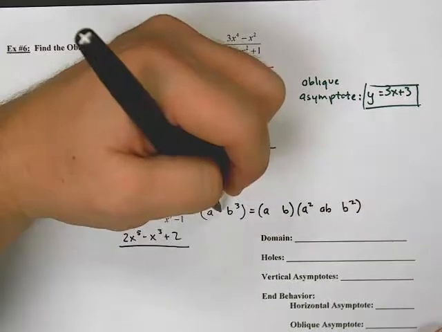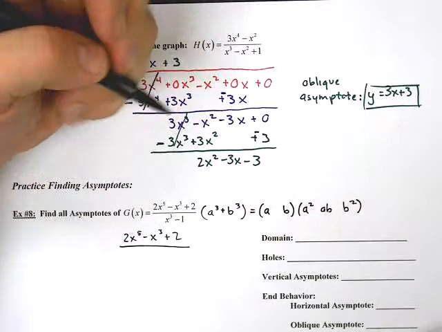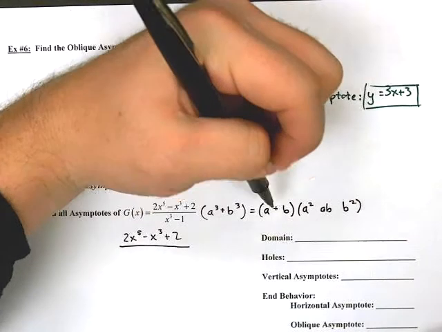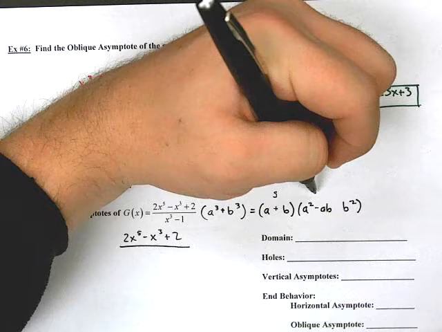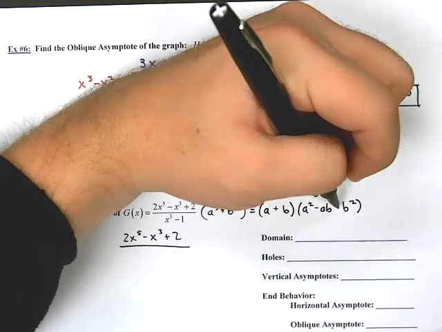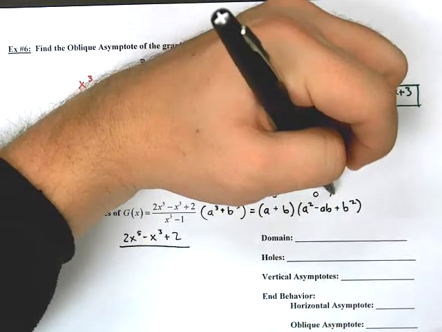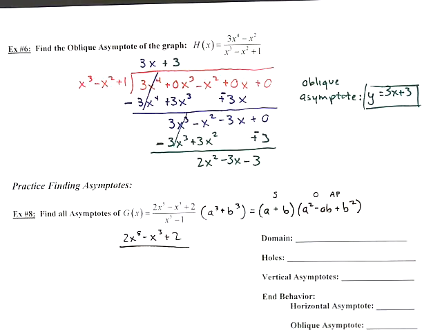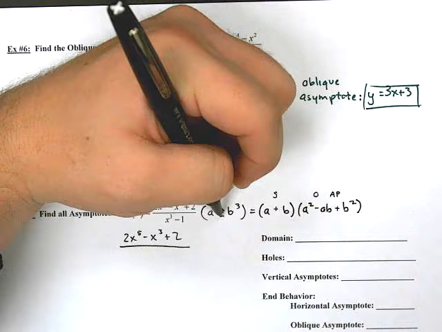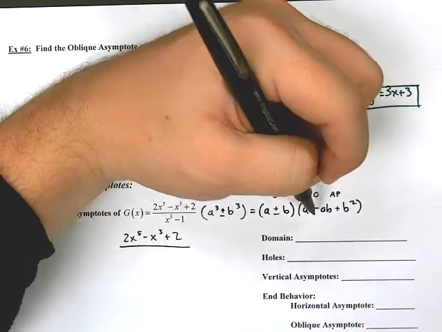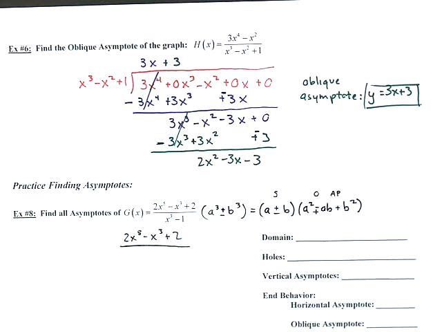If this is a plus sign, then this will be a plus because it's the same, and then this would be a minus because it's opposite, and then this would be a plus because it's always positive. What if this had been a minus, though? This would be a minus, and then this would change to a plus.